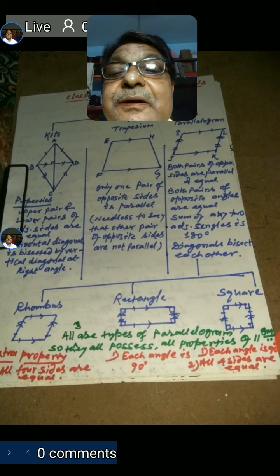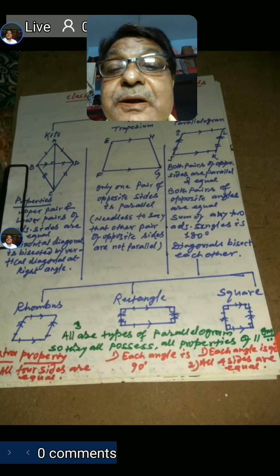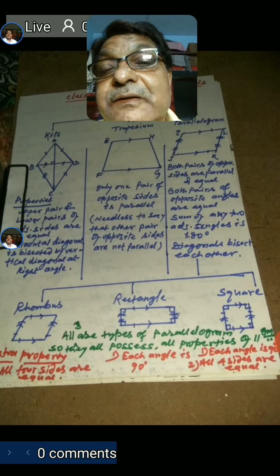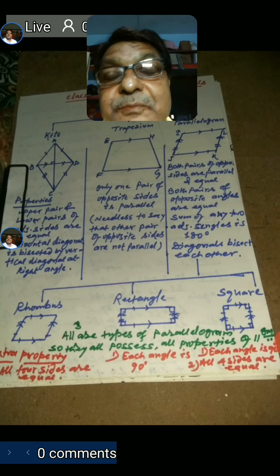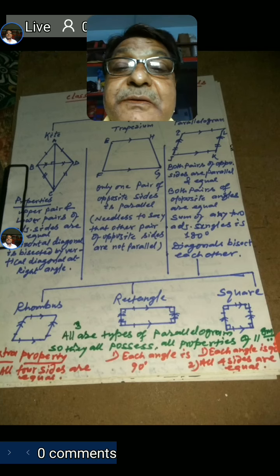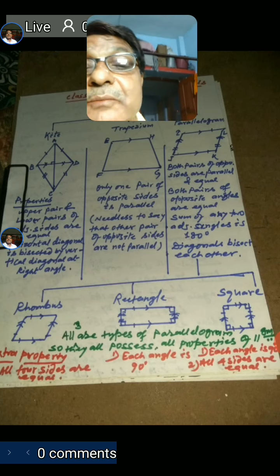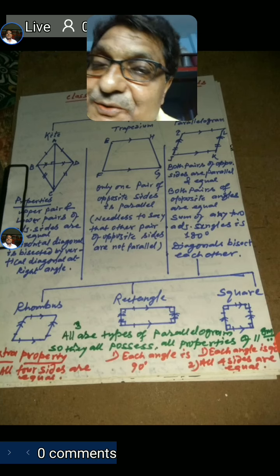So here, students, you can state that a square is a parallelogram with two extra properties, that is two adjacent sides equal and each angle 90 degrees. Whereas a rectangle is a parallelogram with one special property, that each angle is 90 degrees, and a rhombus is also a parallelogram with two adjacent sides equal.